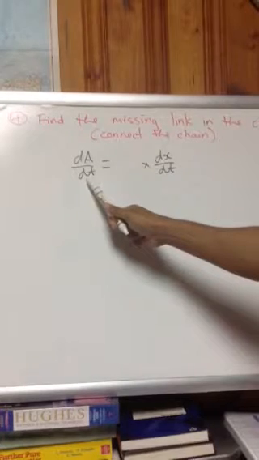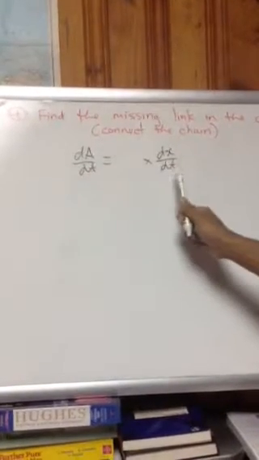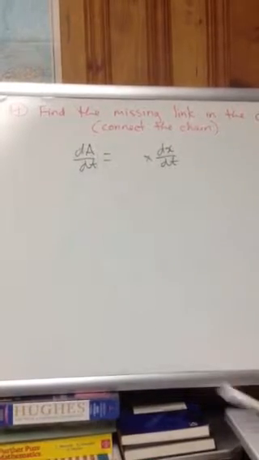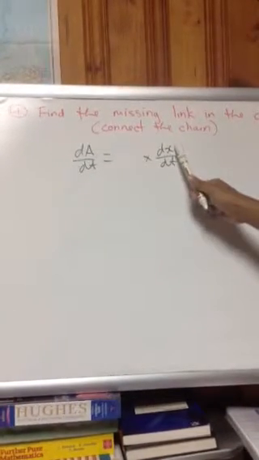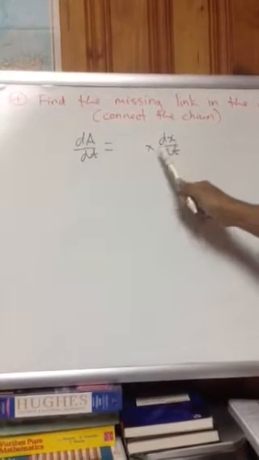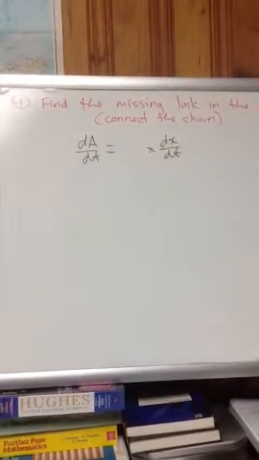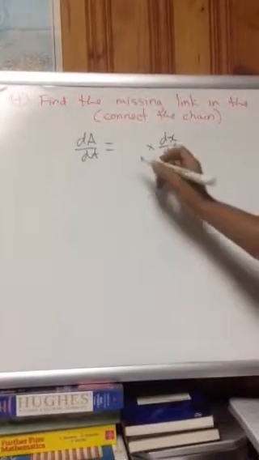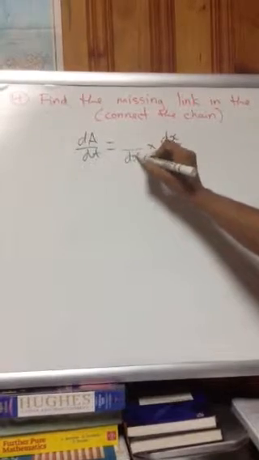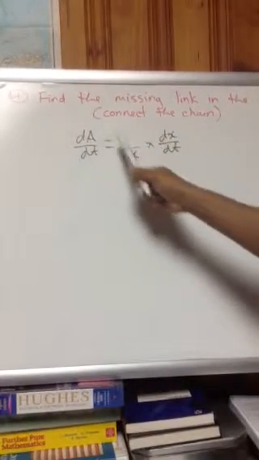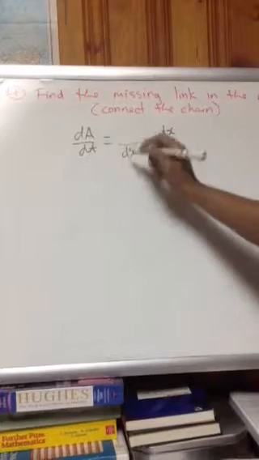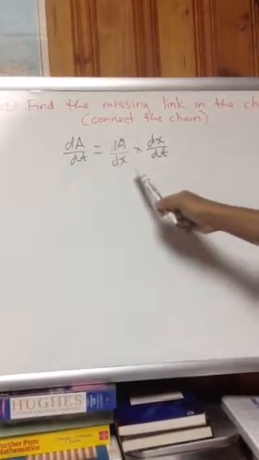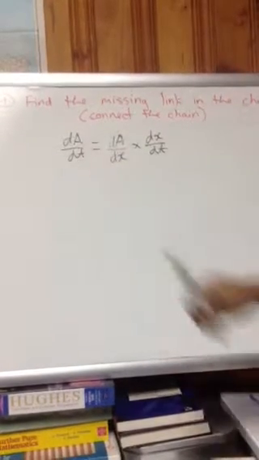So we have dt as the denominator on the left, dt as the denominator on the right. dA is the numerator on the left, so we do not want a dx. We need to eliminate this dx by cancelling. So this missing link, this ratio that we want to find, should have dx as the denominator, and as you should see, dA should be the numerator, so that dA/dx times dx/dt is equivalent to dA/dt.